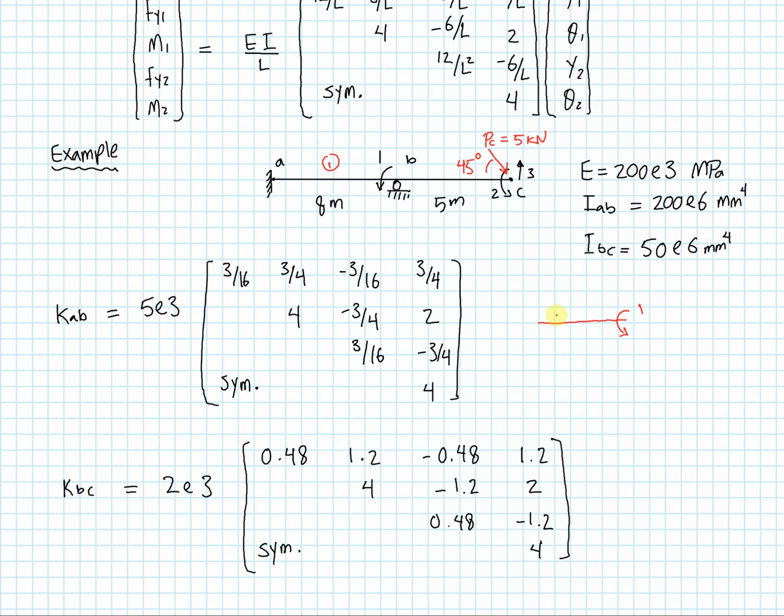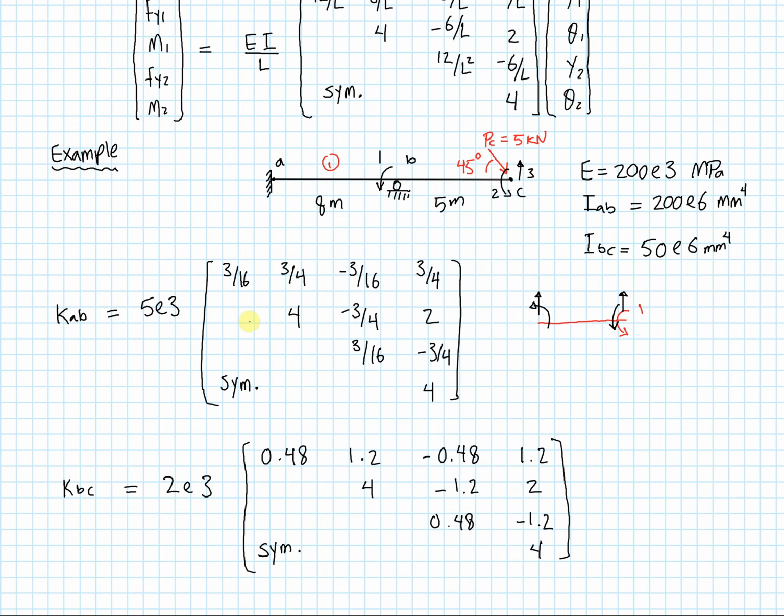And so what I can see is that when I draw my local stiffness matrix or local degrees of freedom, my fourth local degree of freedom is overlapping with the first global degree of freedom.